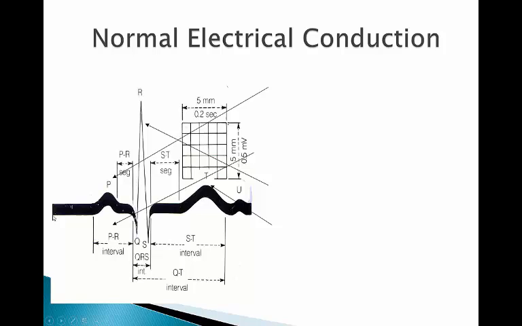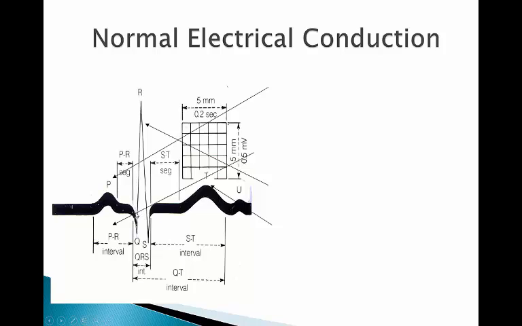And then the T wave here is ventricular repolarization. That's when the heart resets itself to go again. Don't worry about the U wave for right now. The U wave only pops up when we've got electrolyte imbalances going on. So the PR interval is atrial contraction.